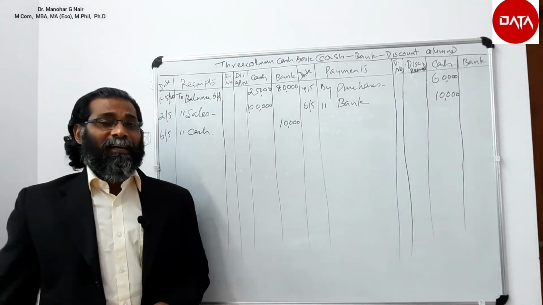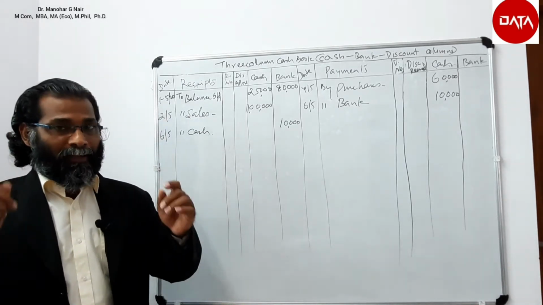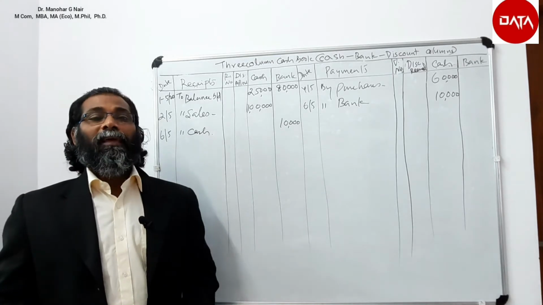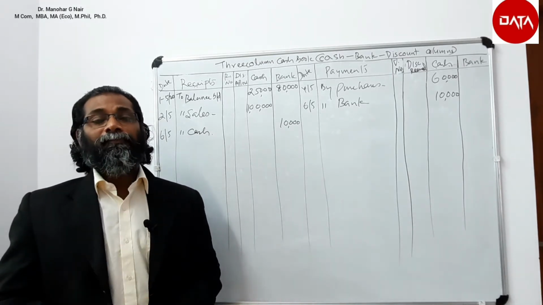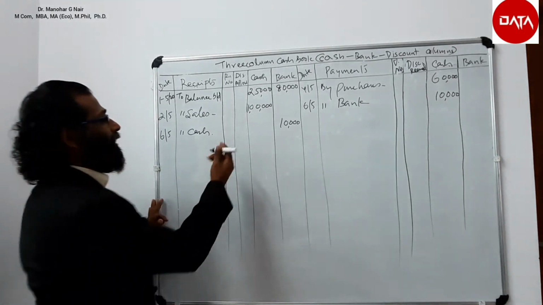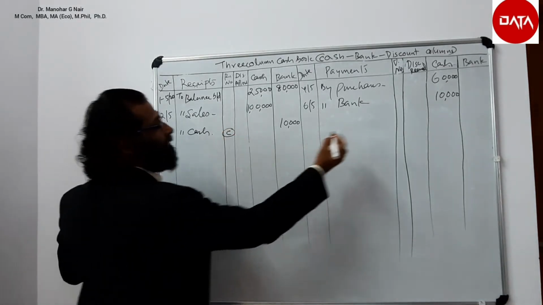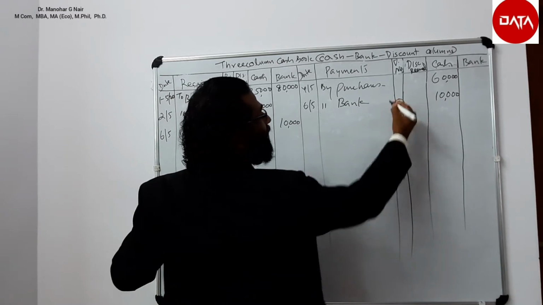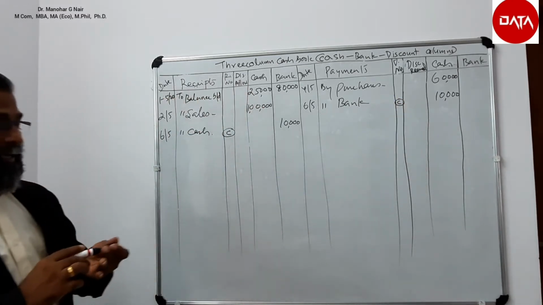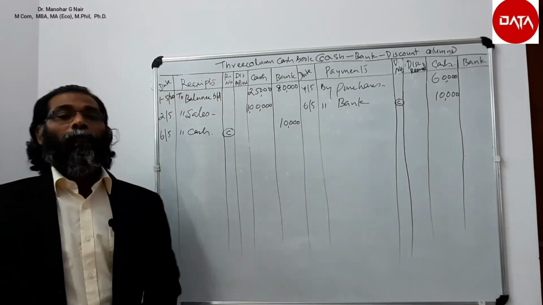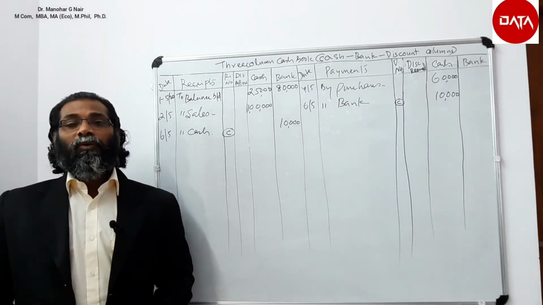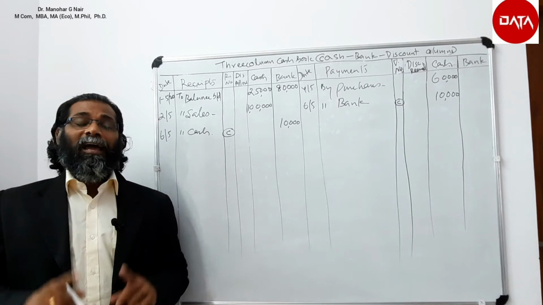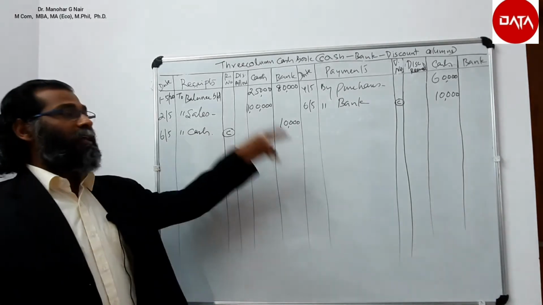In the payment side, cash is paid from the cash account, and in the receipt side, cash is received in the bank column. So this entry is said to be contra entry. We have to write the abbreviation C for denoting such a type of transaction, that is contra. Contra means an entry which appears on both sides of the cash book.